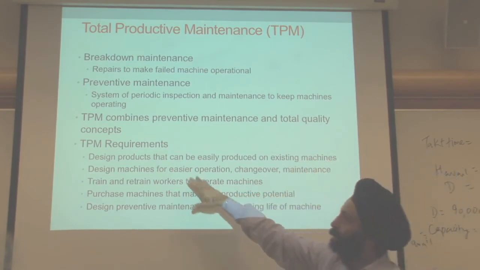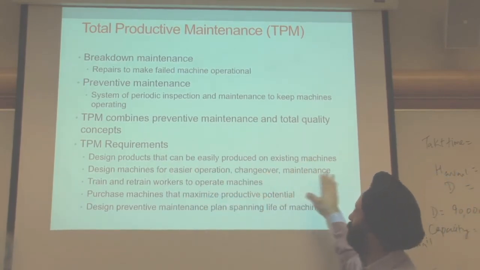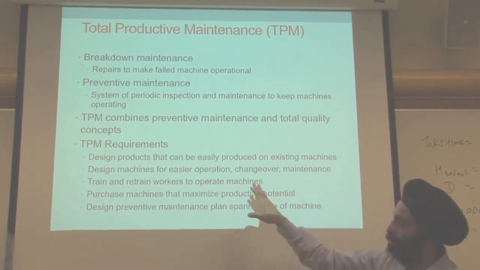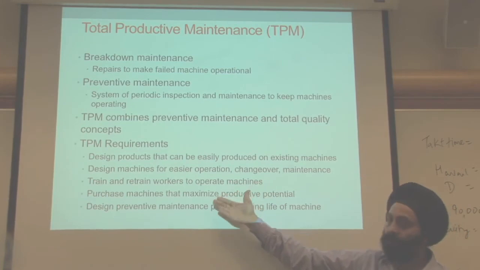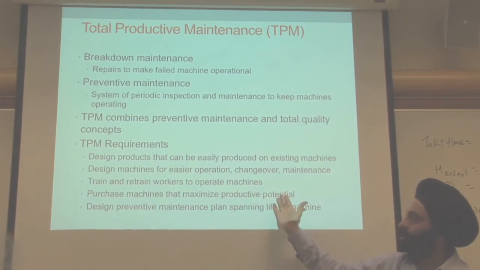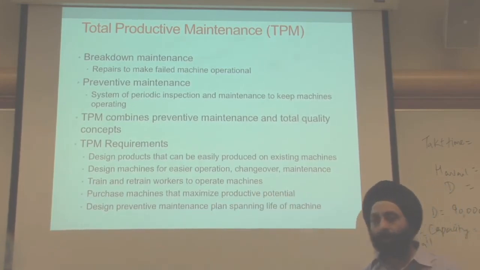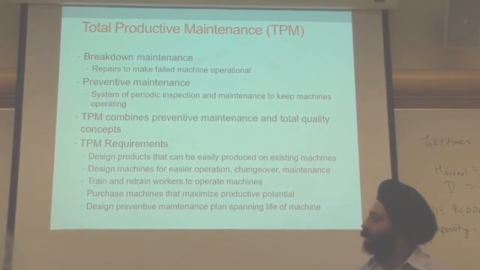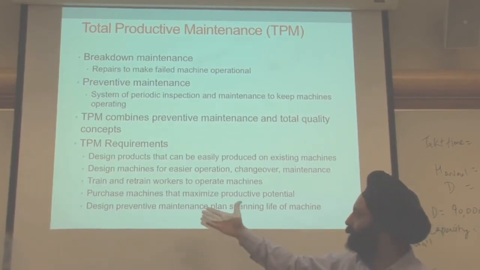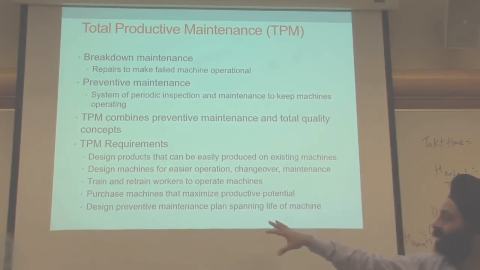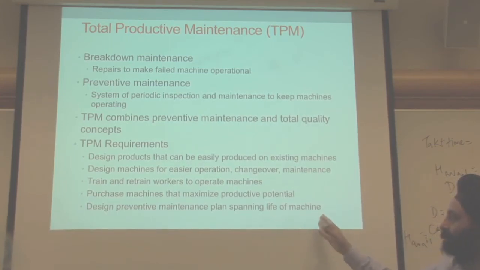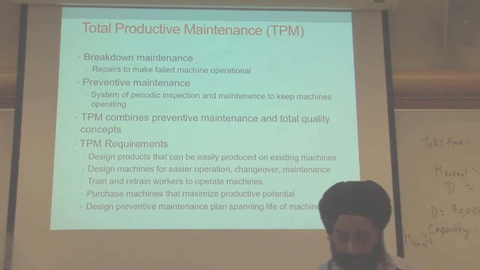The requirements are: design products that are easily produced on existing machines, and design machines for easy operation, changeover, and maintenance; train workers and retrain them to operate machines so that they are producing in the correct way; purchase machines that maximize productive potential; and design preventive maintenance plans spanning the life of the machine.